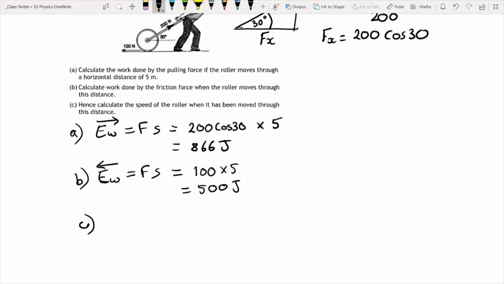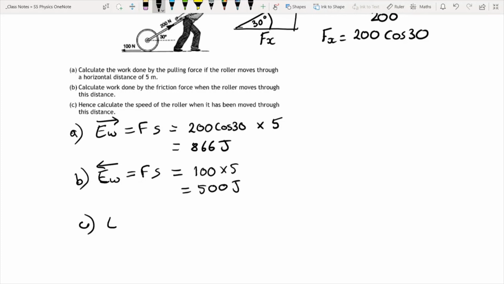And hence calculate the speed of the roller when it's been moved through this distance. So basically what we want to know is what is the kinetic energy gained. Okay, so he's pulling it forward and he's giving it energy of 866. However, it's having to expend energy of 500 joules. So the outcome energy, the energy that then goes towards kinetic energy, is going to be the pulling energy take away the energy against friction.